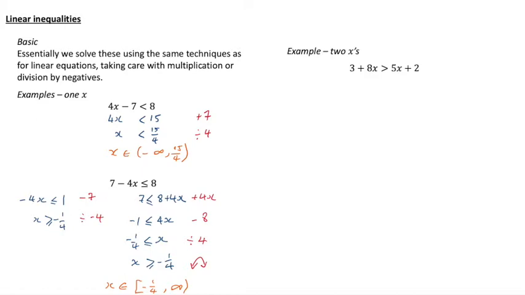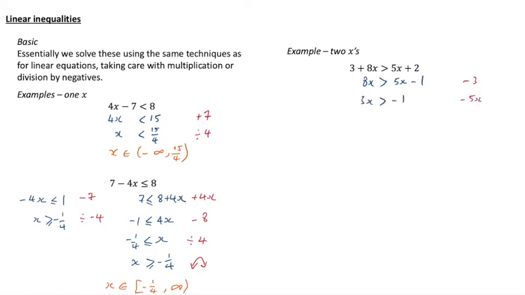Okay, moving on to examples with two x's. 3 plus 8x is greater than 5x plus 2. So first of all we'll subtract the 3 from both sides, giving us 8x is greater than 5x minus 1, and then we'll subtract 5x from both sides.